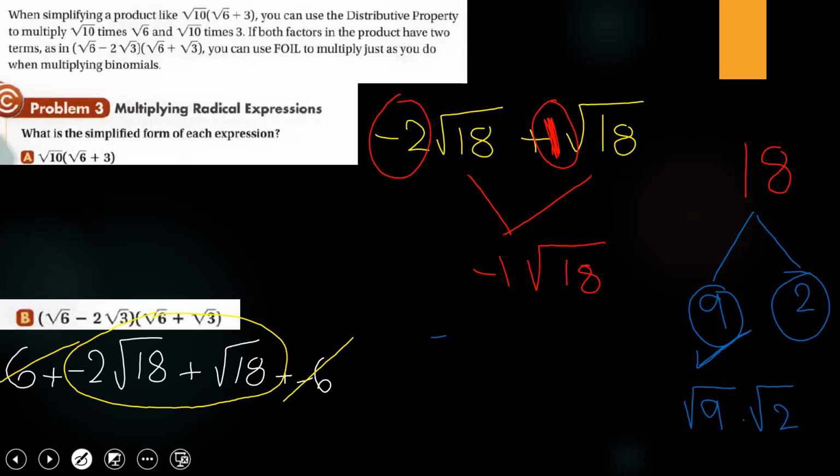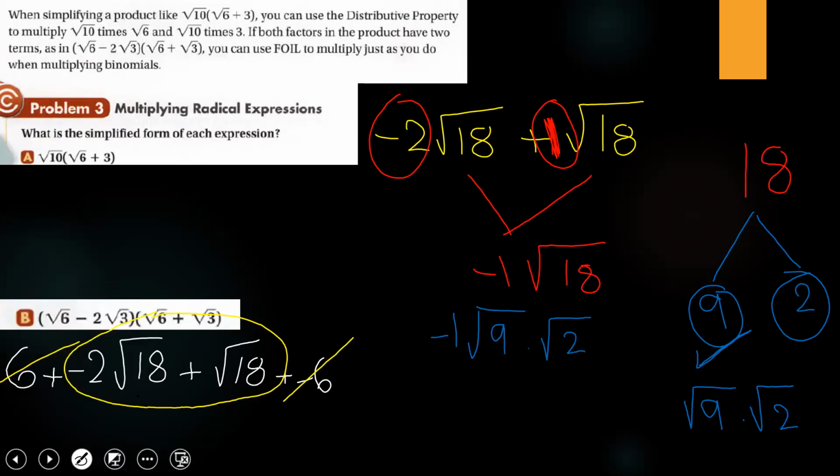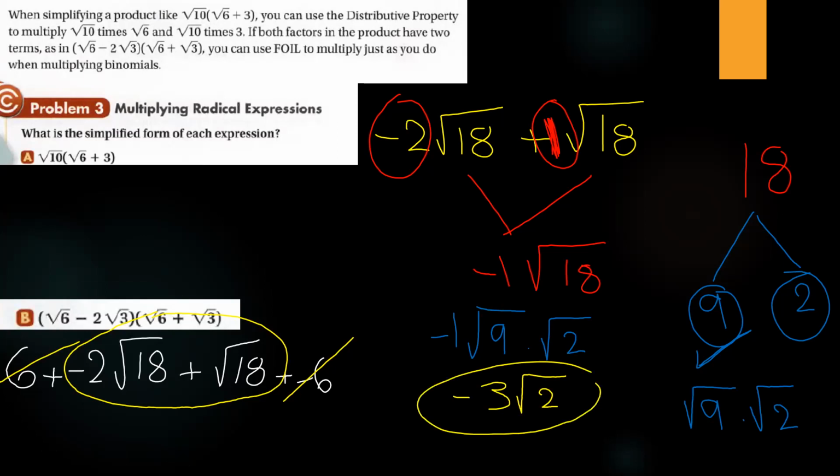So it's negative 1, then instead of writing square root of 18, I write square root of 9 times square root of 2. What is the square root of 9? 3. So we have negative 3 square root of 2. This is now the final answer of doing all of these steps.